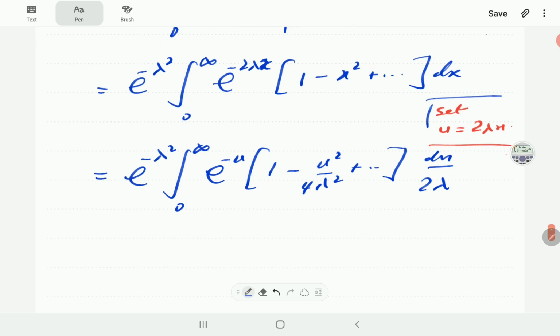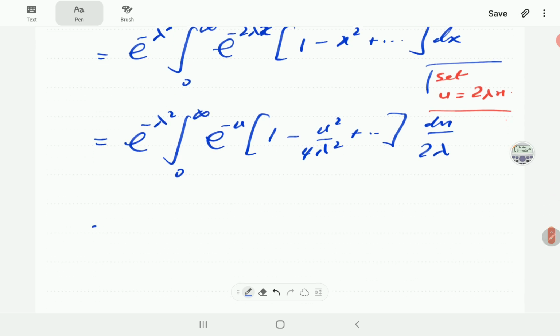And then we evaluate this using gamma functions. The final expression is going to be 1 over 2 lambda minus 1 over 4 lambda cubed.